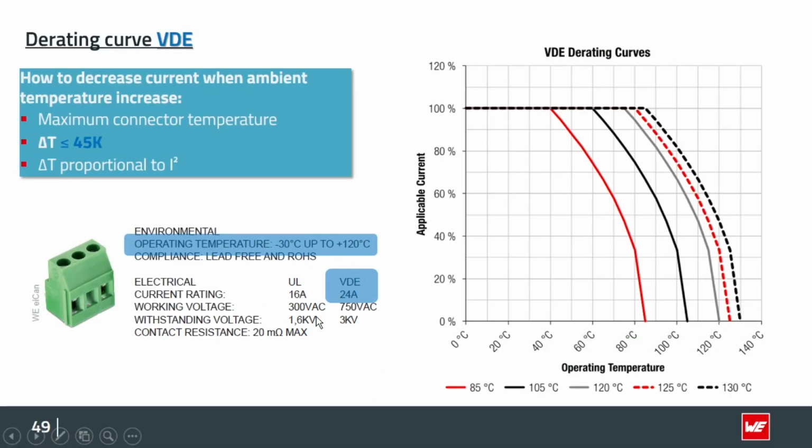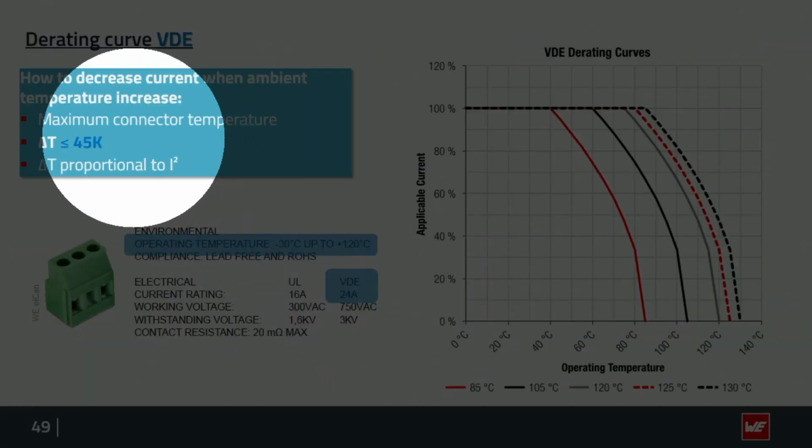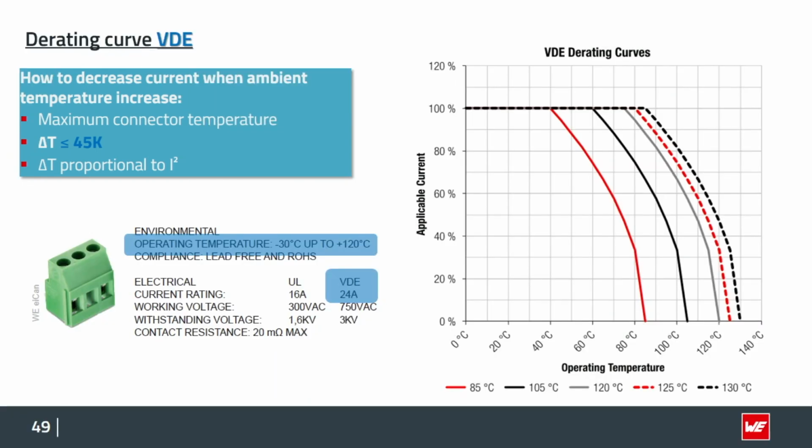So of course, if a connector can be hotter, and this is what we see here, a temperature rise of 45 Kelvin is possible here, then of course you can run a higher current on that. So same thing that you want to find out what current you can run. So at the maximum of 90 degrees, you would have to limit your current down to 88% of the total one, which is still 21 amps.